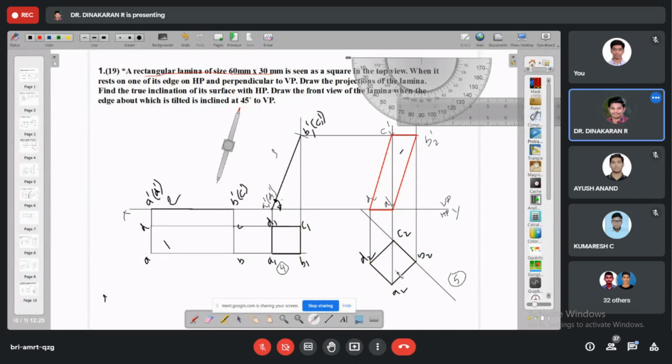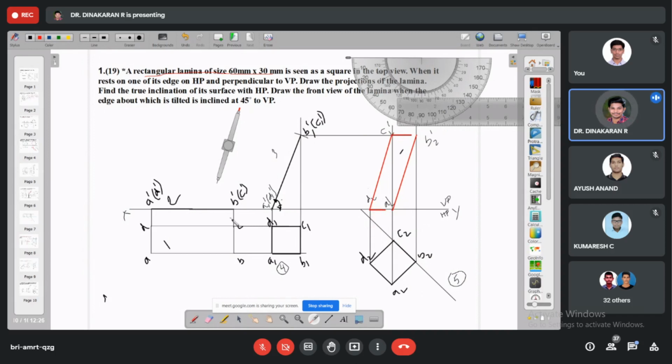After that, project vertically upward from A2 to get projection lines B2, C2, and D2. Same horizontal projection from A1 dash to this vertical line. What are the meeting points? A2 and A1 dash will meet at A2 dash. B2 and B1 dash will meet at B2 dash. C2 and C1 dash will meet at C2 dash.